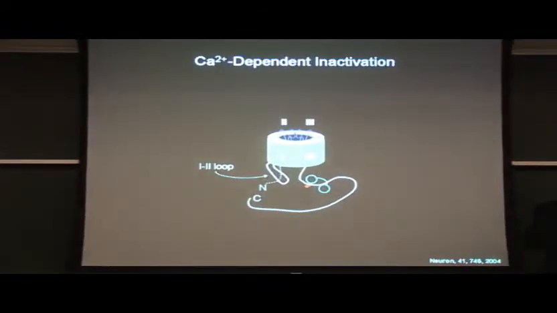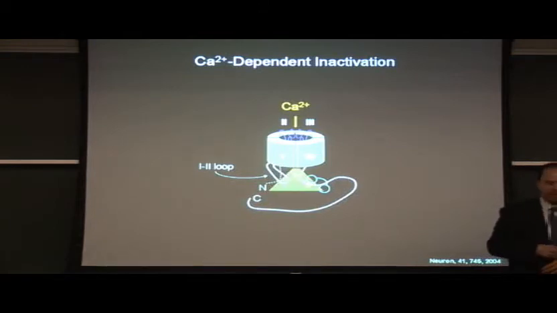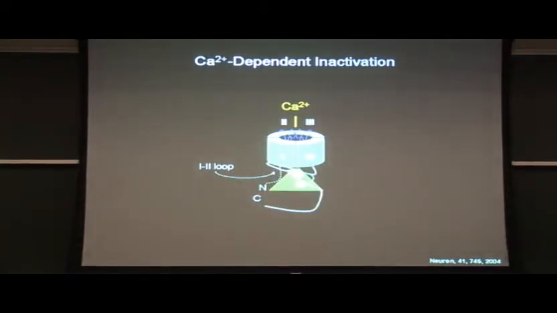And so when calcium enters the cell, you see this prominent inactivation via this calcium-induced change in conformation and interaction with the 1,2 loop. And so this is all published data.